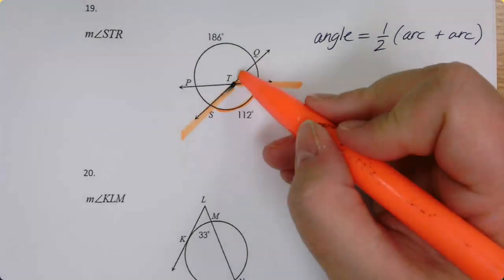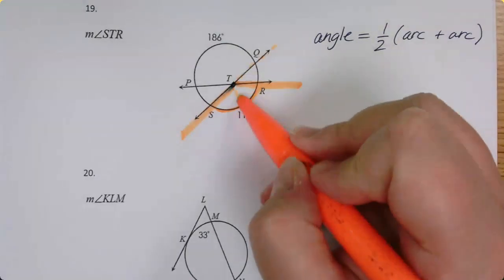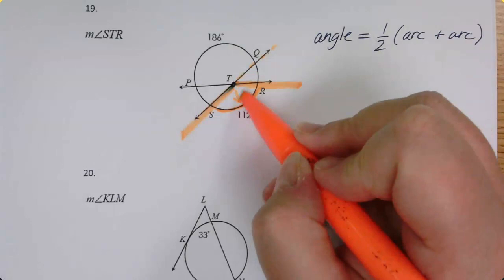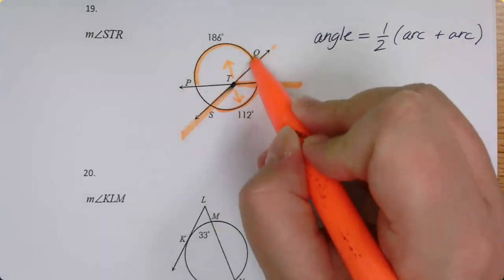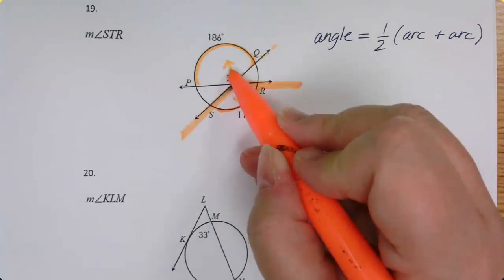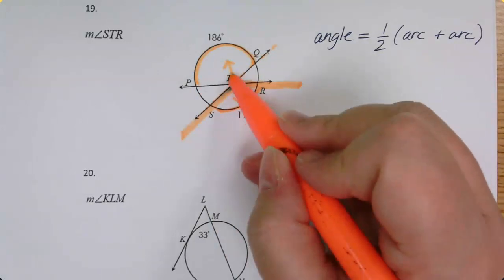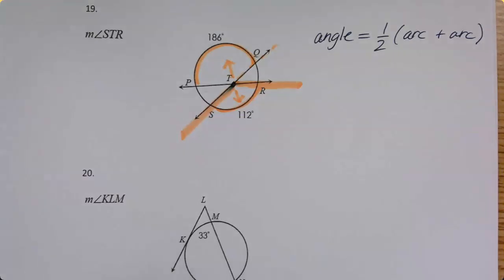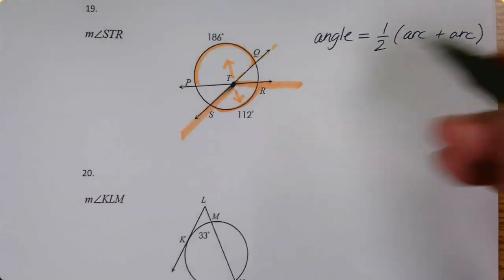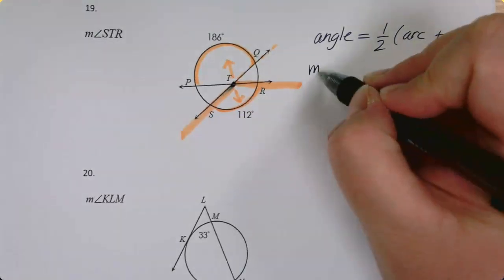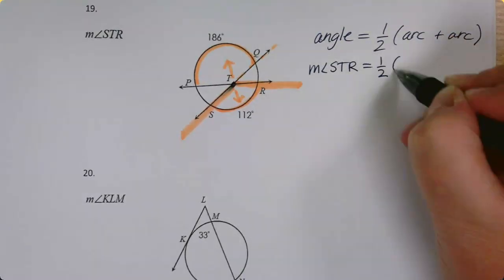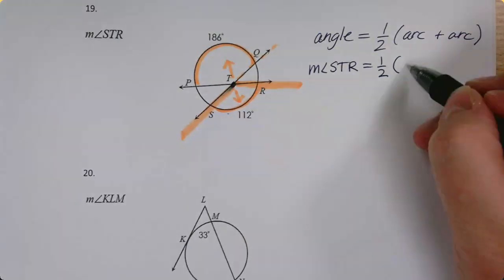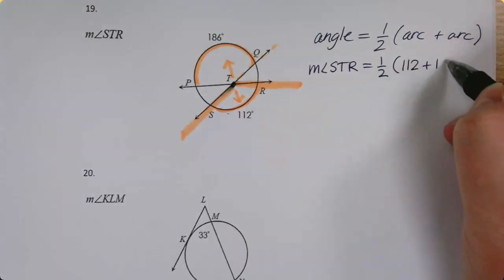But we also kind of go backwards, like the arc in front of it is an intercepted arc. We also go backwards to the arc behind it. Because really, if you think about it, this angle and this angle, they're the same. They're vertical angles. So we use both of those arcs, the one in front of it and the one behind it. So the measure of angle STR is going to be 1/2 the sum of the arc in front of it and the one behind it.